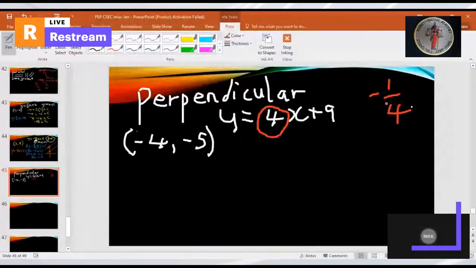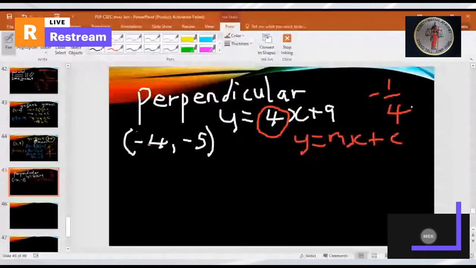So we just need to plug that into the formula y equals mx plus c, and find what c is. In this line, x is 4, y is -5.